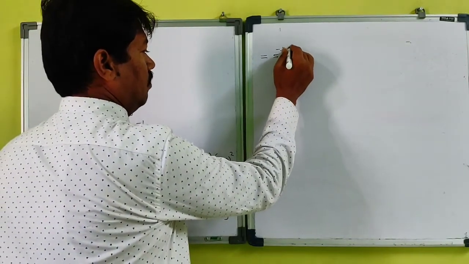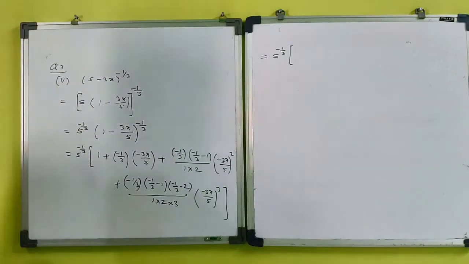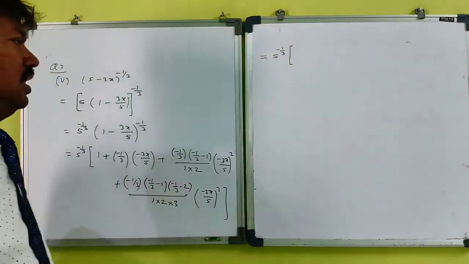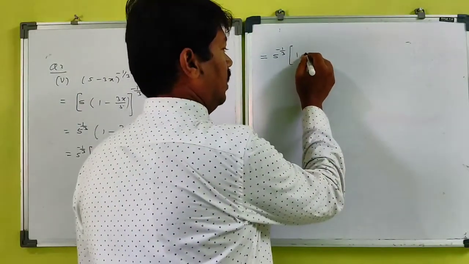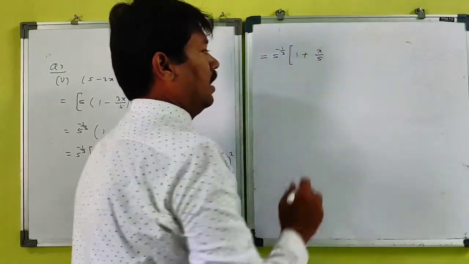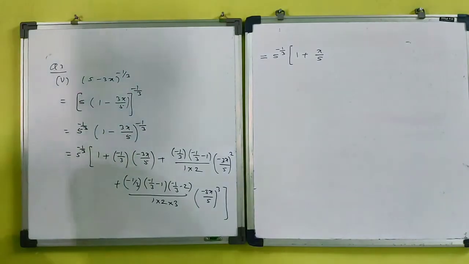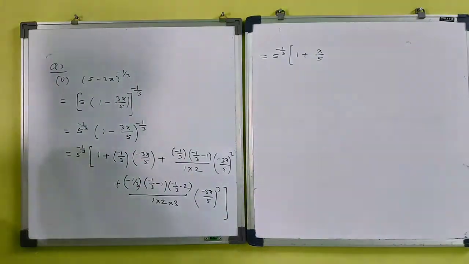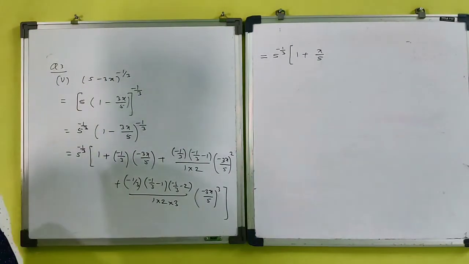So that is 5 raised to minus 1 upon 3. This 3 and this 3 get cancelled, so that becomes 1 plus x upon 5. Now what is this one here? Minus 1 upon 3 minus 4 by 3, to add that in that.